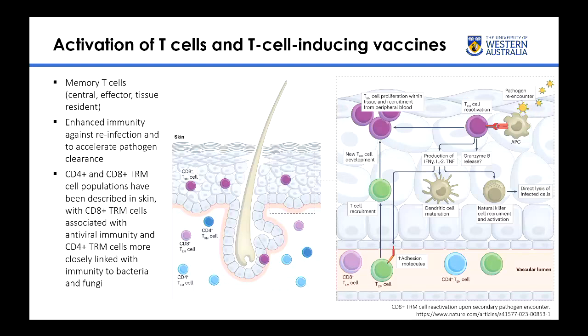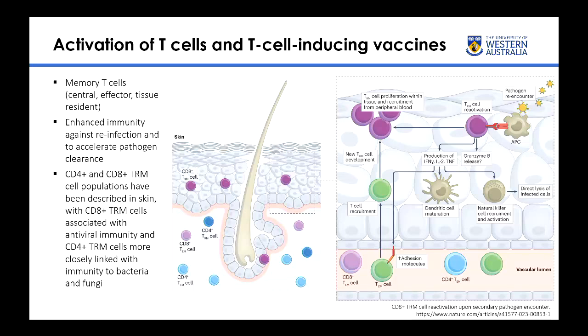There are different memory T cells: central memory, effector, and tissue resident T cells. This very nice paper looks at the reactivation of tissue resident T cells, and these are important because they are here, for instance, in the skin. So they have that first contact, they are at the forefront in mucosal sites, interacting with pathogens.